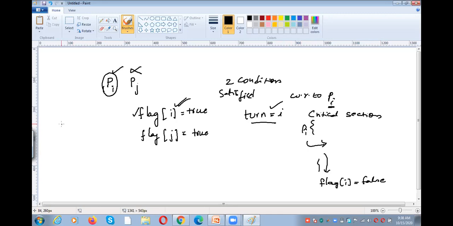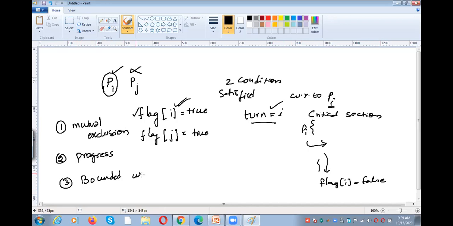So there are three conditions, right? What are those? First one is mutual exclusion, the second one is progress, and the third one is bounded waiting. So what is the first one? Mutual exclusion.